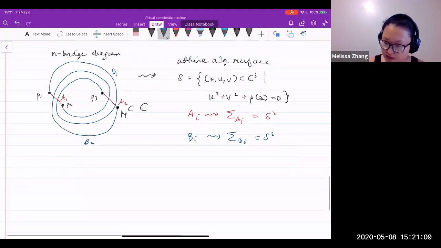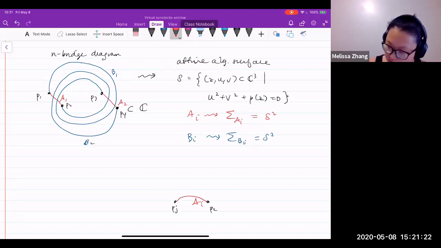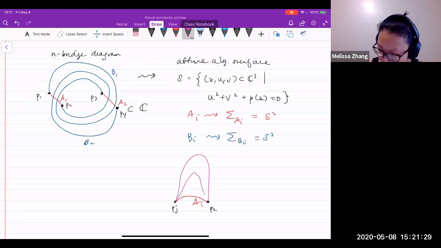And so from here, you can just see something that might look like this, right? You'll see some points, and let's say that A_i lies in this copy of C, just C, and this is P_j and P_k. Then above here, in my complex three-dimensional space, I have this bubble.